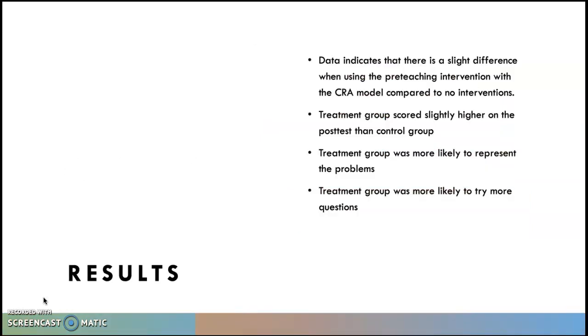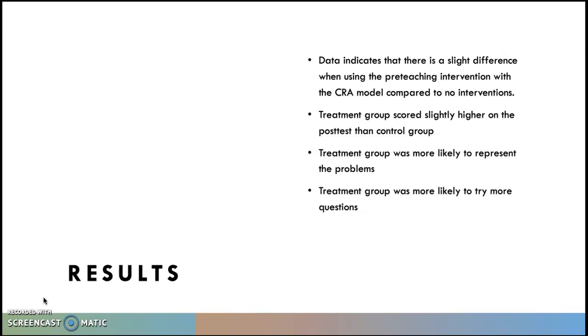Some of the results found were that there was a slight difference when using the pre-teaching intervention with the CRA model compared to no intervention. Based on data, the treatment group scored slightly higher on the post-test than the control group. As well, the treatment group was more likely to represent the problems, so using them in a pictorial form.